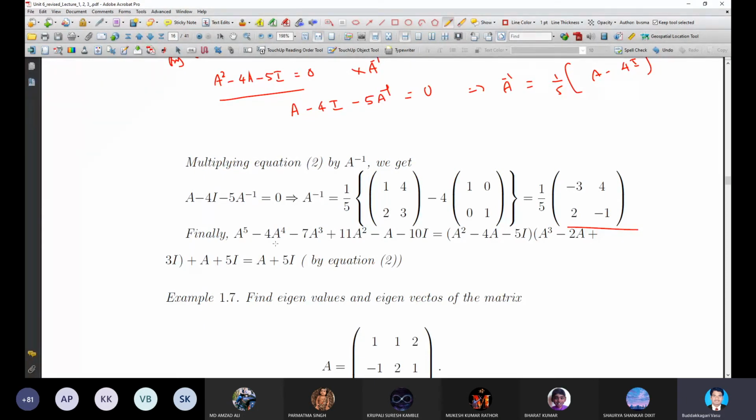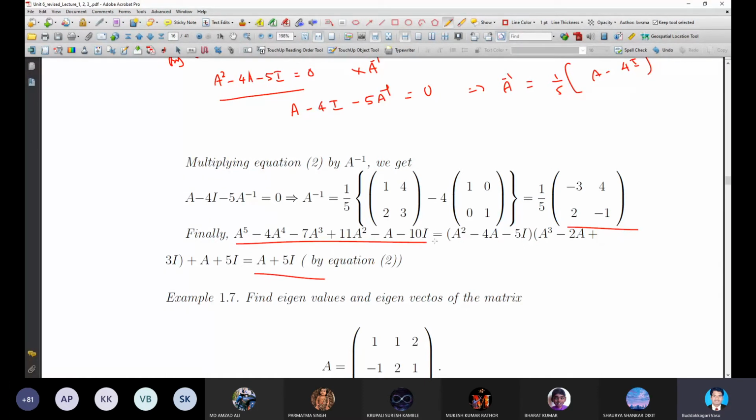We can rearrange this one. We know A square minus 4A minus 5I is 0 because A satisfies its characteristic equation using the Cayley-Hamilton theorem. So 0 into this is 0, and the remaining value is A plus 5I. This whole expression is just A plus 5I.